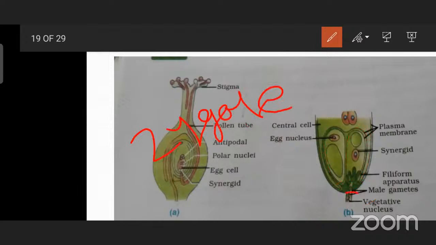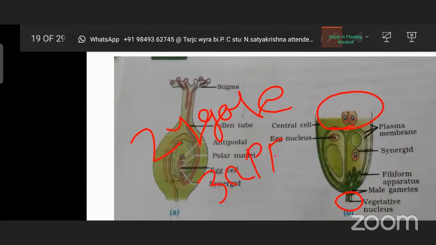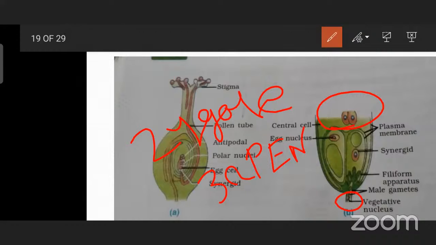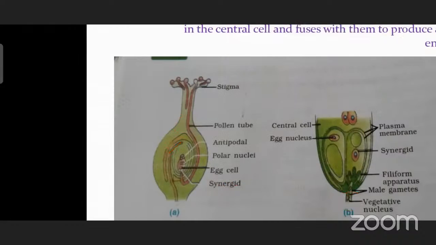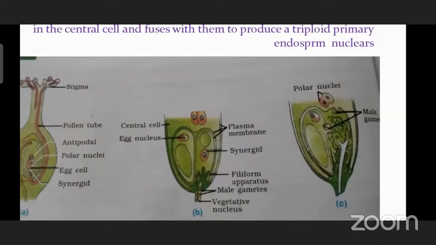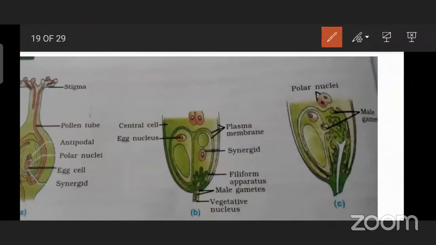The other male gamete moves towards the two polar nuclei located in the central cell and fuses with them to produce the triploid primary endosperm nucleus. The fusion of three haploid nuclei is termed triple fusion.